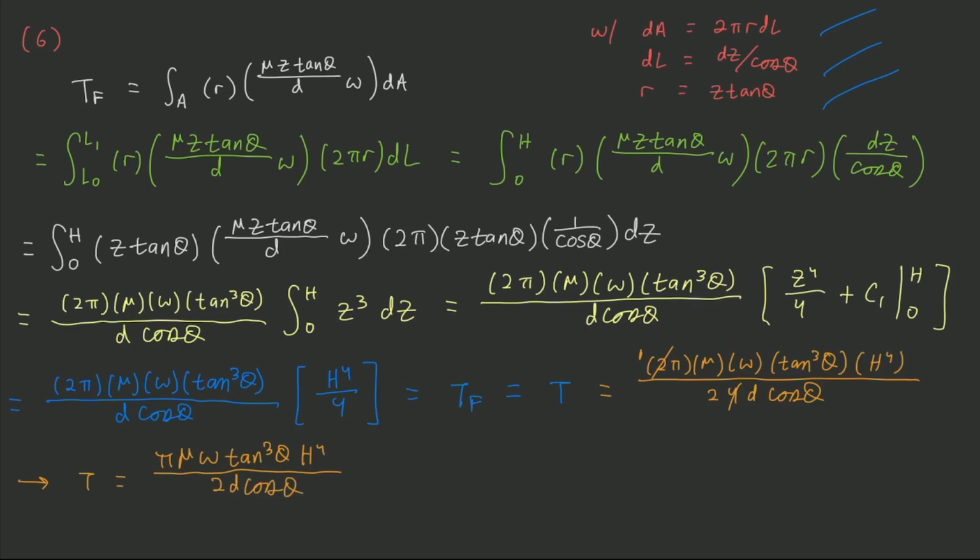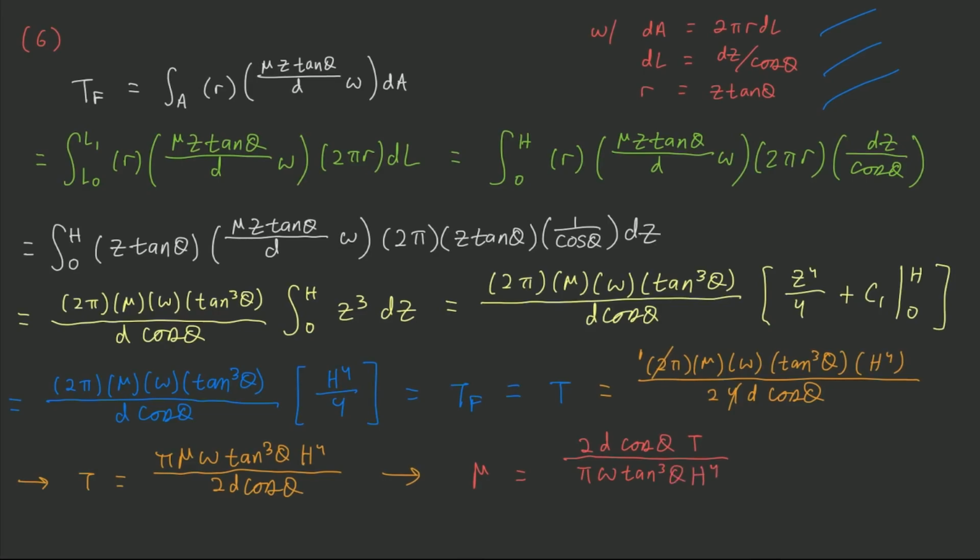And now we just solve for mu. Mu is equal to 2d cosine theta T over pi omega tangent cubed of theta h to the fourth.